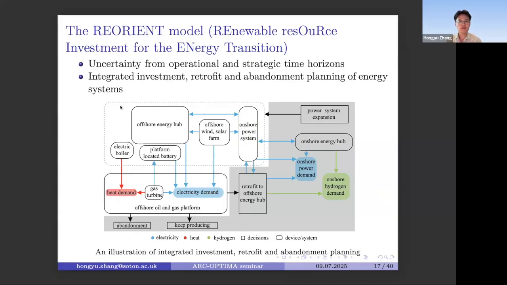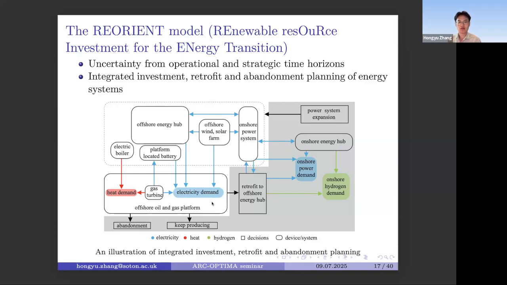As you can see, the components in the dashed oval are the new technologies you can add, including this offshore energy hub, and also the platform located battery for the oil and gas platform, offshore wind and solar farms, and you can also expand your onshore system or add electric boilers to your offshore oil and gas platform.